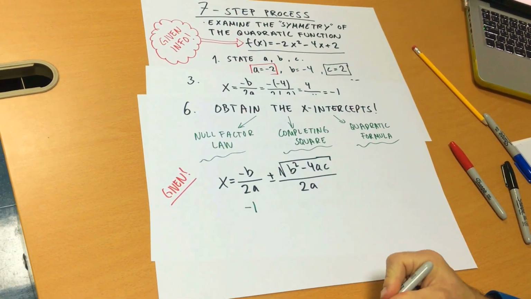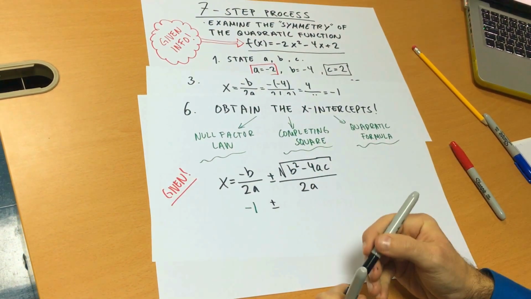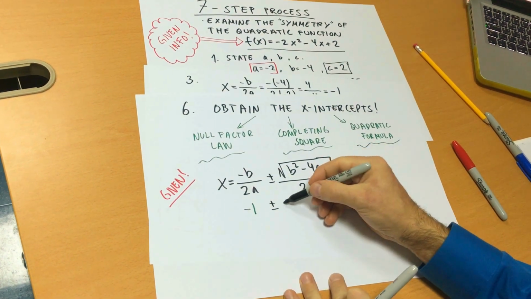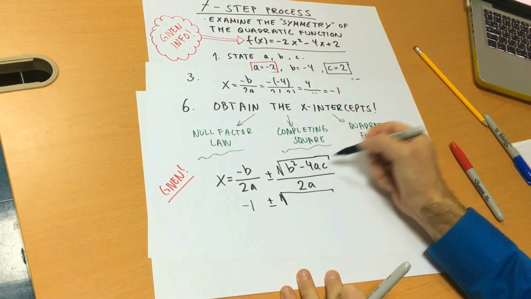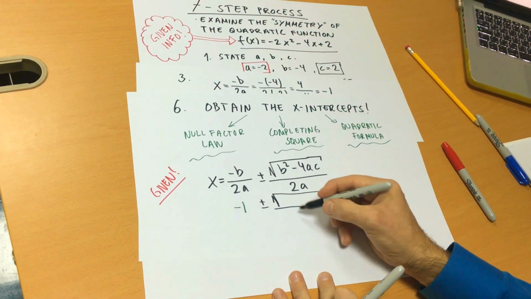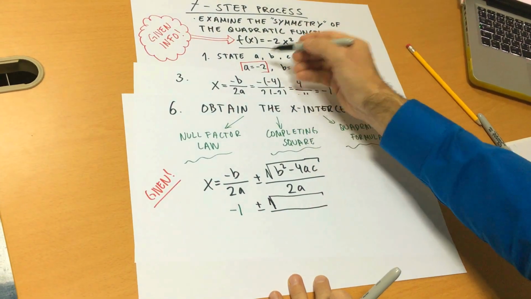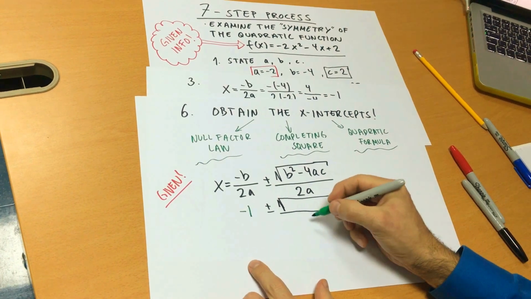Okay, and then it was plus or minus the square root of b squared minus 4ac. It's going to be a number there, and I'm going to divide it by 2 times a. Well, a was equal to -2, so let's see what we get now. Let's do the denominator first.